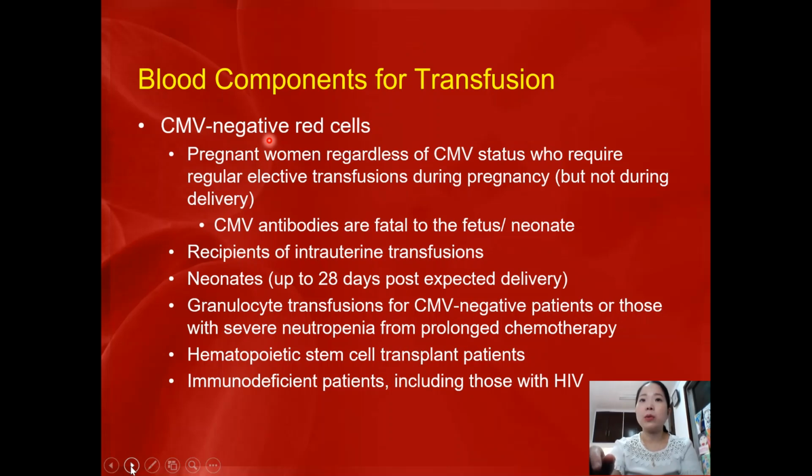So again, when can you give your CMV negative red cells? To pregnant women, regardless of the CMV status, who would require regular elective transfusions during pregnancy, recipients of intrauterine transfusions, and neonates up to 28 days post-expected delivery.